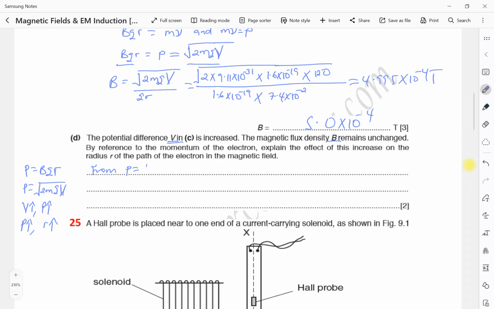So from momentum equals the square root of 2mQV, an increase in the value of V implies a greater momentum.